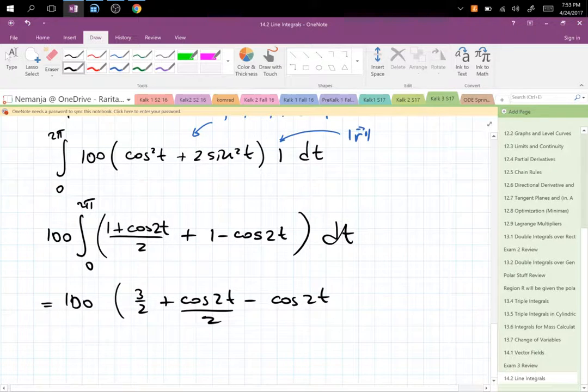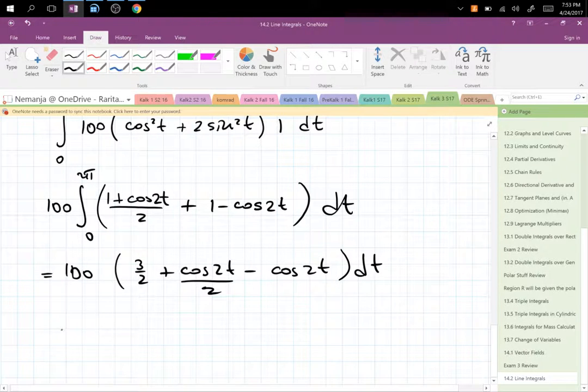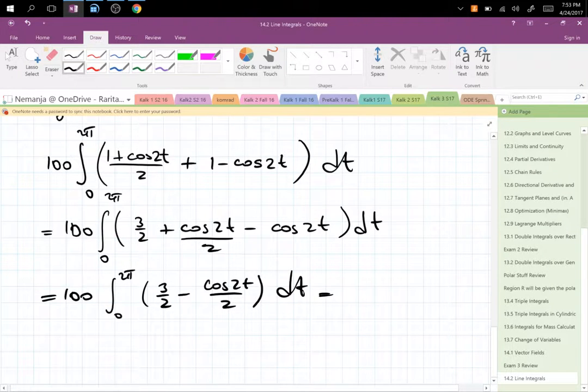Cosine 2t, there we go. dt, which is, oops, forgot the integral, or maybe it disappeared, I'm not sure. 100, and now these two combine. So I have 0 to 2 pi, 3/2 minus cosine 2t over 2. And I can kick the 1 over 2 out, make that into a 50.